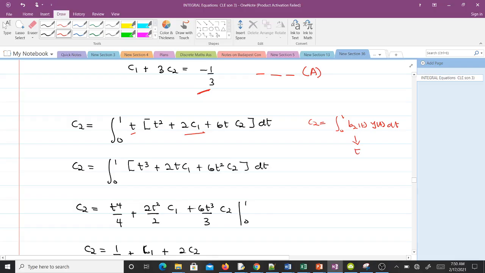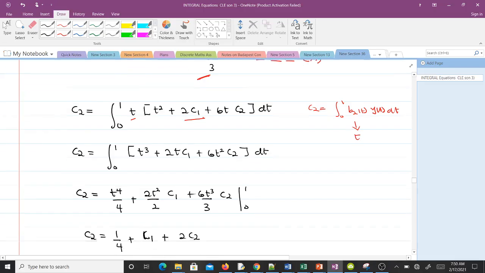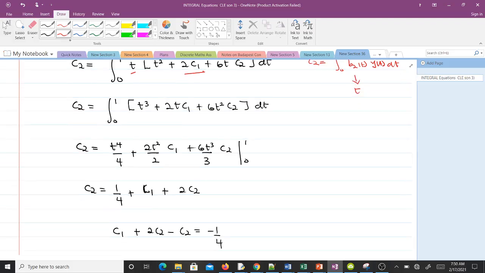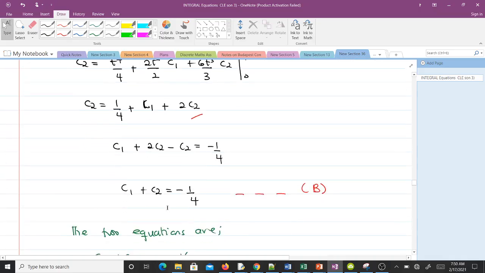Integrating with respect to t gives t to the power 4 over 4 plus 2t squared over 2 c1 plus 6t cubed over 3 c2. Putting in the limits and simplifying gives c1 plus c2 equals negative 1 over 4, and we call that equation B.